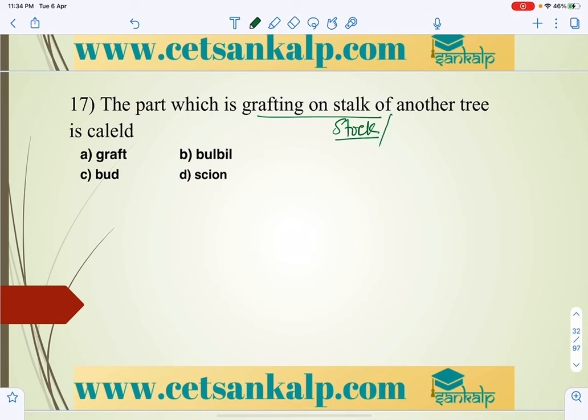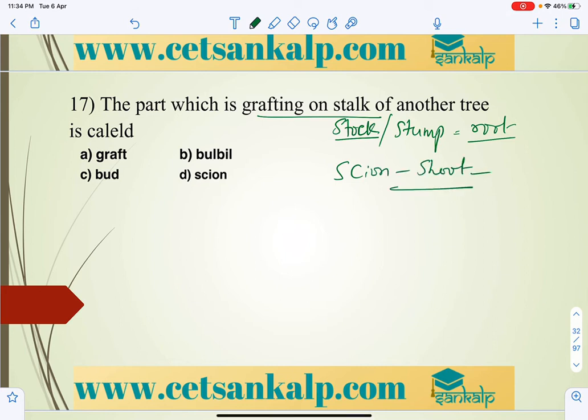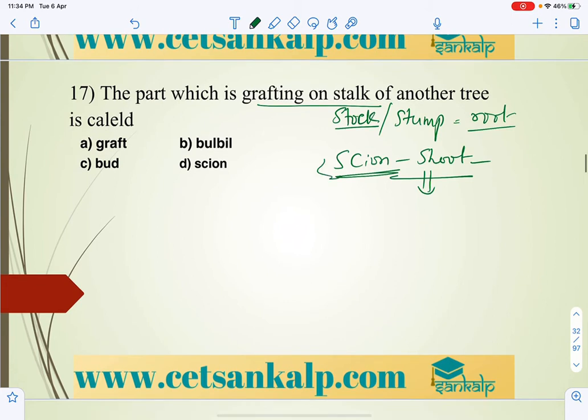The stalk, which is also called the stump, is the part with the root, and what is fixed onto it is called the scion. The scion is the shoot part, so the majority of variations will be in the scion. The desired character that we require depends mainly on the scion. So the answer for that is D.